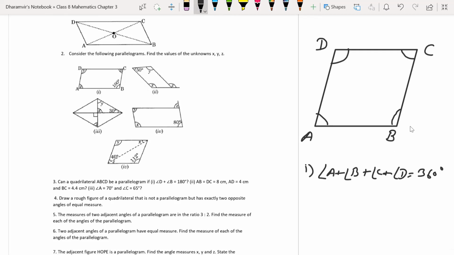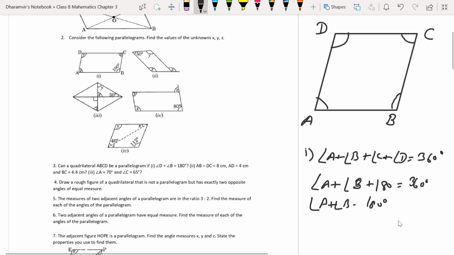So we state that adjacent angles, angle A plus angle B, or angle C plus D, is 180 degrees. So angle A plus angle B is equal to 180 degrees. The angle C and D would also be 180 degrees.